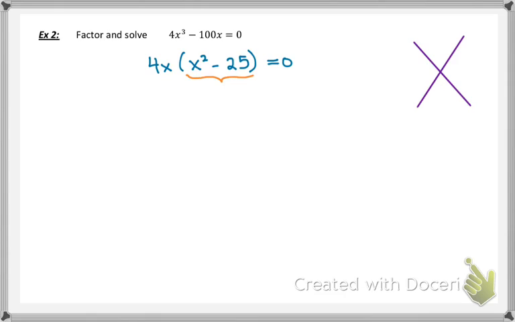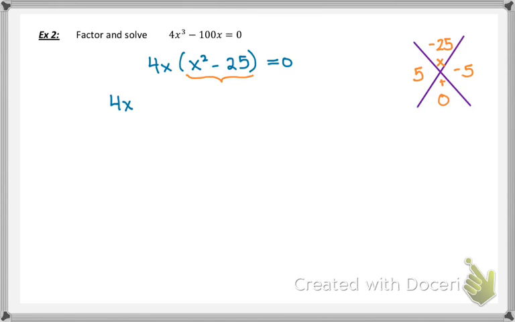I want factors that multiply to give me negative 25, that's a times c, and I want it to add to give me b, which is 0 in this case. Okay, so 2 numbers that multiply to give me negative 25 and add to give me 0, that would have to be 5 and negative 5. And that's how I'm going to split it up.